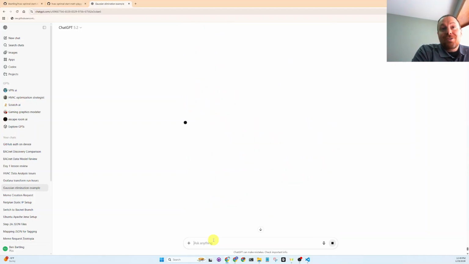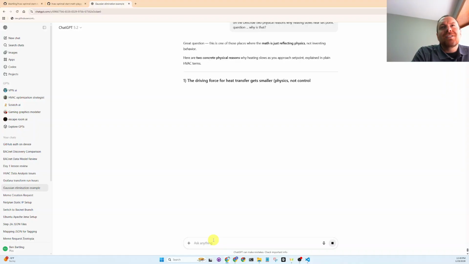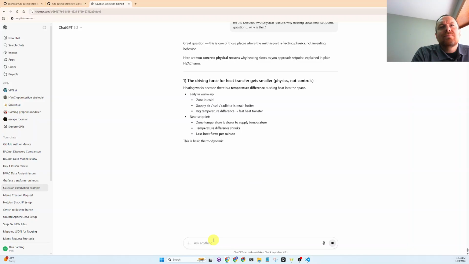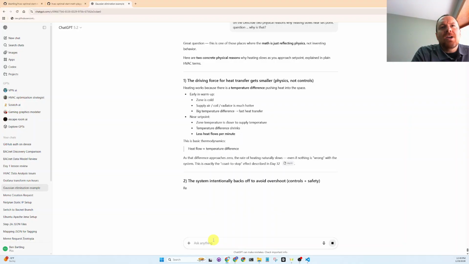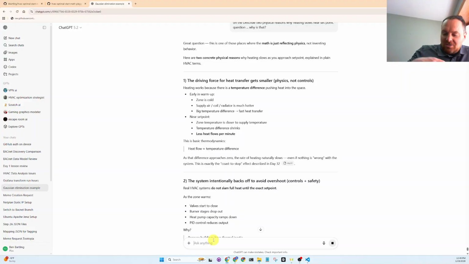I think any of the mechanical engineering students would find this very obvious. It's basically when there's a delta temperature, that's when heat flows fastest.